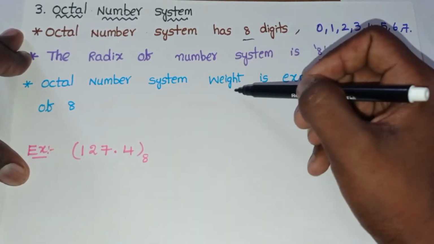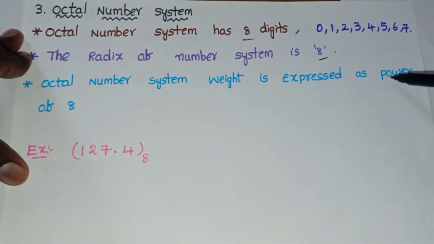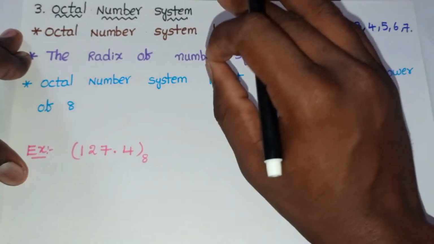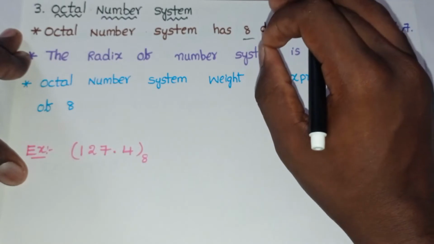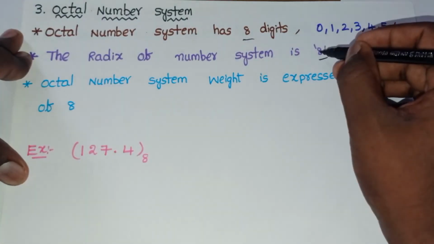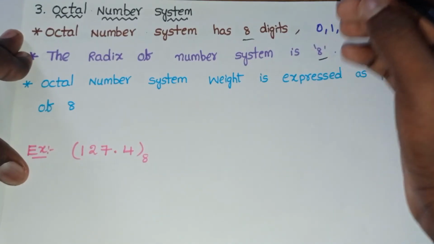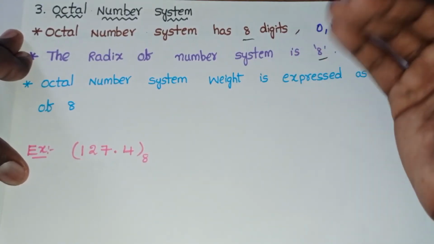The octal number system weight is expressed as powers of 8. In every number system, the weight is always expressed in powers of the radix. Here the radix is 8, that's why the weights are expressed in terms of powers of 8.